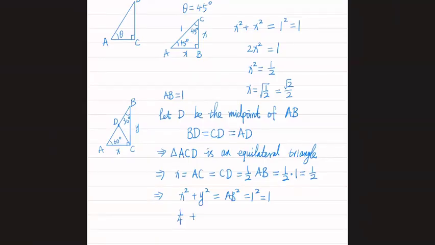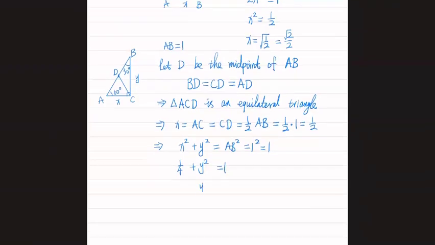Square is 1/4. Again, y is positive. In this way, we find the lengths of the sides of two special right triangles, one 45 degrees, one 60 degrees.